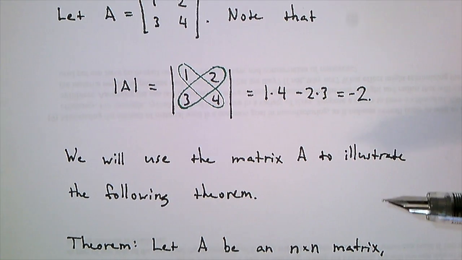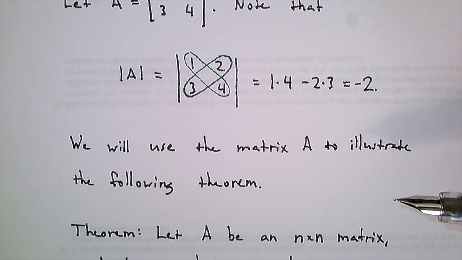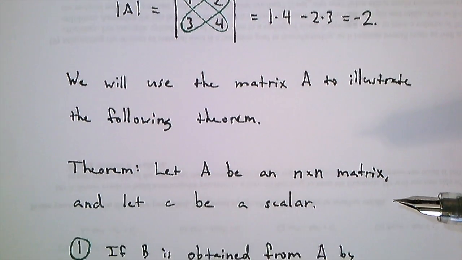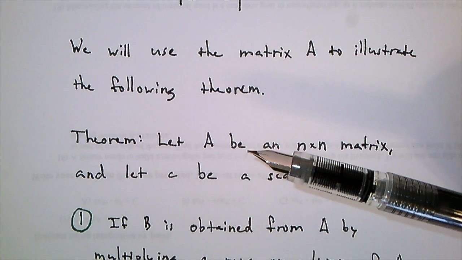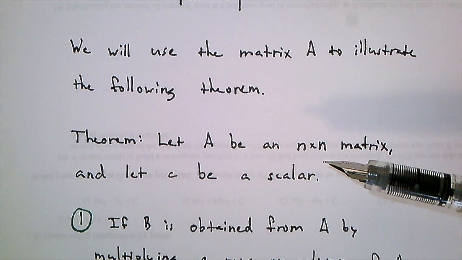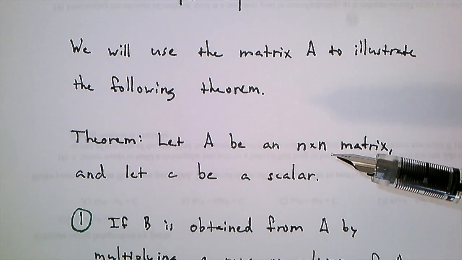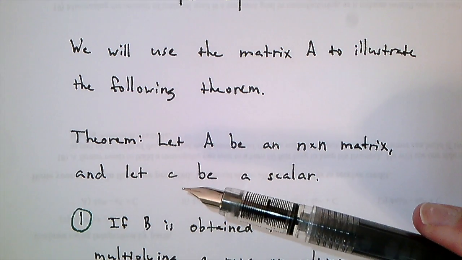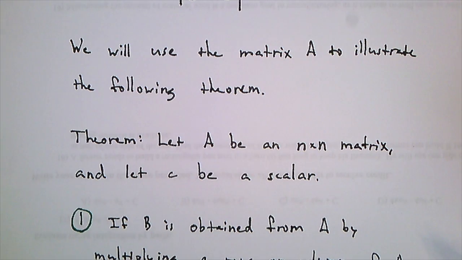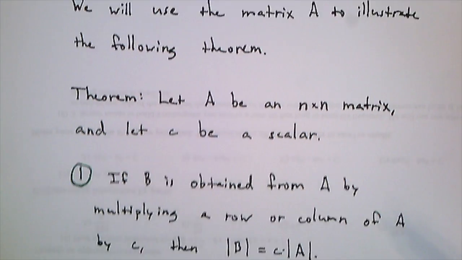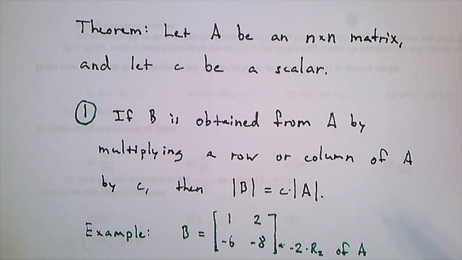So A is going to help us illustrate this next theorem, like I mentioned. For the theorem, we're going to need an n by n matrix because we're going to be computing determinants, and we're also going to need a scalar c. Here's the first part of the theorem.